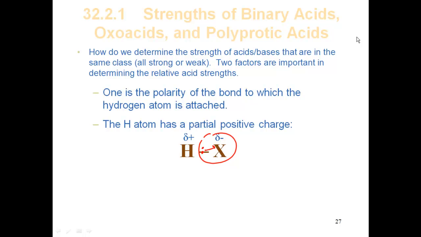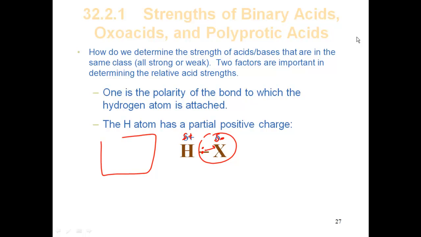So you get a dipole moment, this delta minus. You get an excess negative charge around that more electronegative atom, and you get a delta plus. The electrons are spending less time around that species, so you get an excess of positive charge on that species, hydrogen in this case, and that's all based on electronegativity.